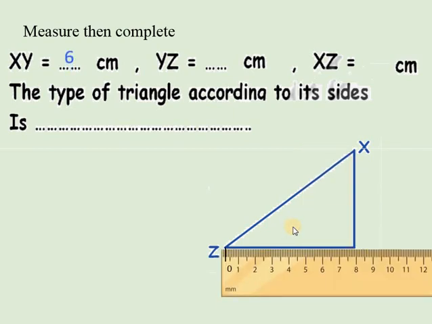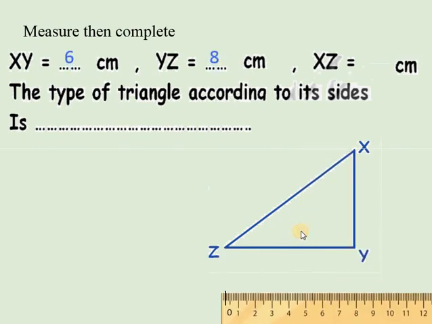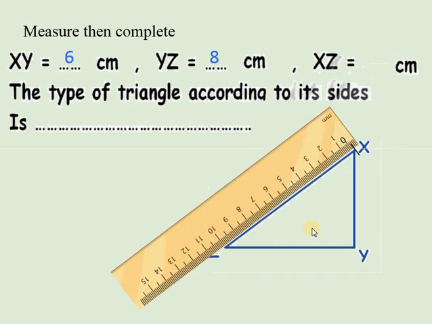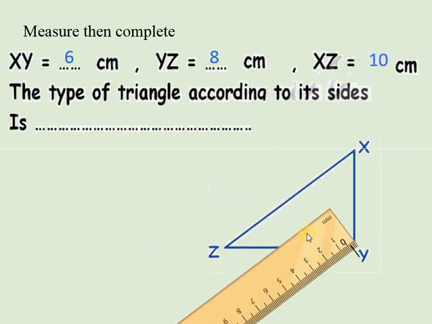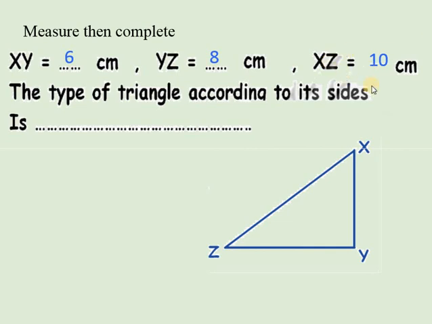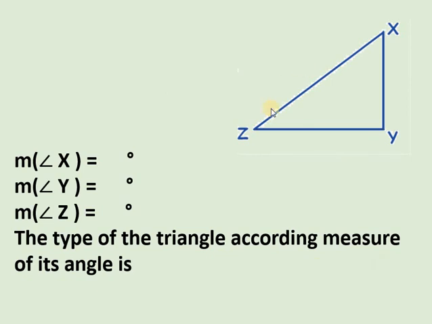This side is 6 centimeter, this side is 8 centimeter, and this side is 10 centimeter. So can you see, I have different sides, so we call it a scalene triangle. And here I can see a right angle, so it's a right angle triangle and a scalene triangle.